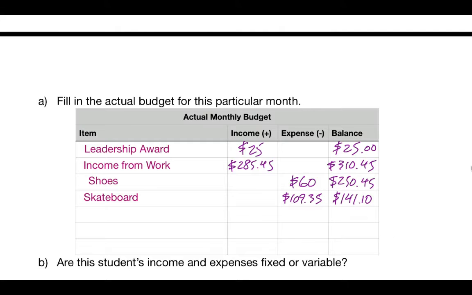So now we're looking at movie and popcorn. And that cost was $18.50. So that's also subtracted. We subtract that from $141.10, we're left with $122.60.